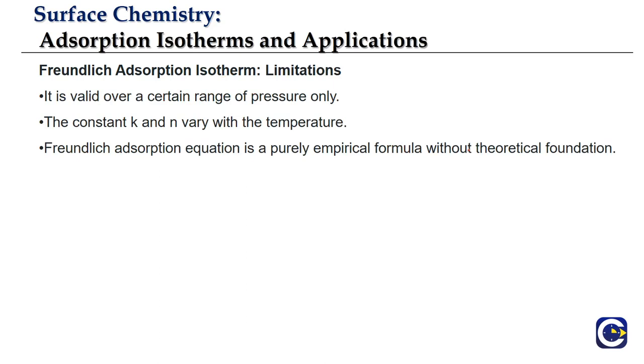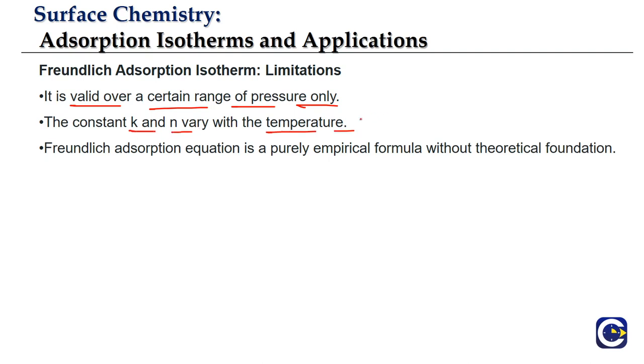Talking about the limitations of it: one, this isotherm is only for a certain range of pressure. We've seen the graph, the relation analysis is only limited between low pressure value to the saturation pressure range. After that, the dependency of the extent of adsorption on pressure is not being explained. And the constants k and n vary with temperature.